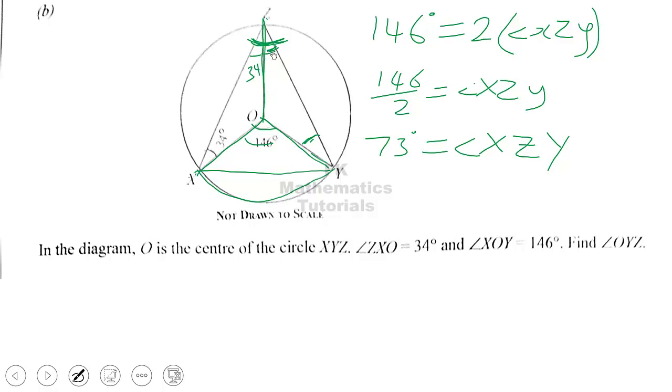So the angle over here will be equal to 73 minus 34 degrees. That angle is also equal to angle ZOY. So 73 minus 34 is 39.